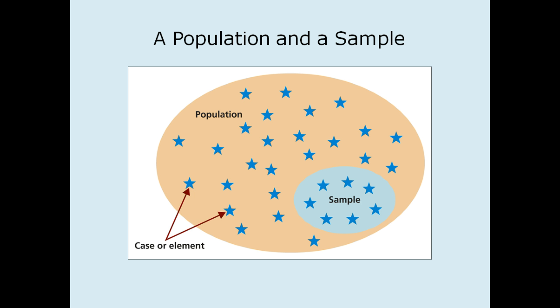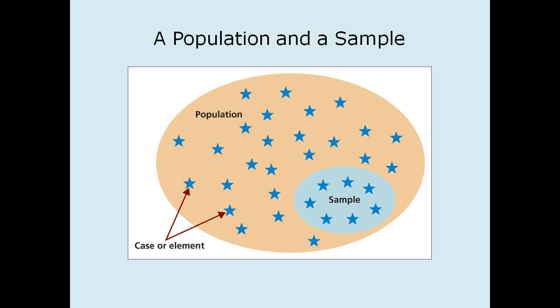So it's nicely shown through this diagram. If you think about you're researching consumers who buy Apple iPhones, well, there's probably some figures out there to suggest that millions of people buy Apple iPhones. Everyone who buys an Apple iPhone is part of the population. One individual who buys an Apple iPhone is a case, or sometimes they're called an element, but generally they're called a case.